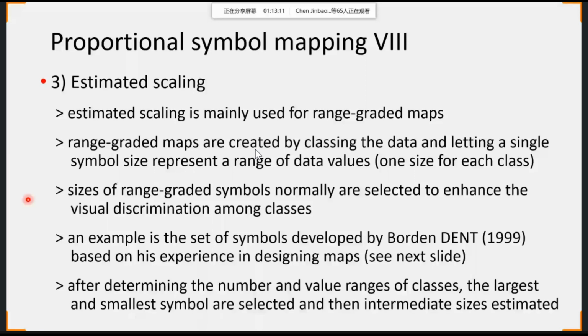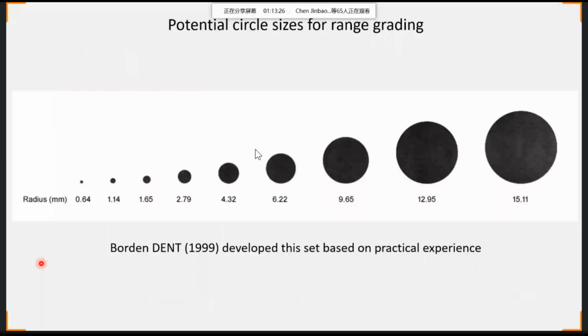After determining the number of value ranges or classes, the largest and smallest symbol are selected and then intermediate sizes estimated. So these are potential circle sizes for range grading developed by Gordon Dent. It's just based on his practical experience.